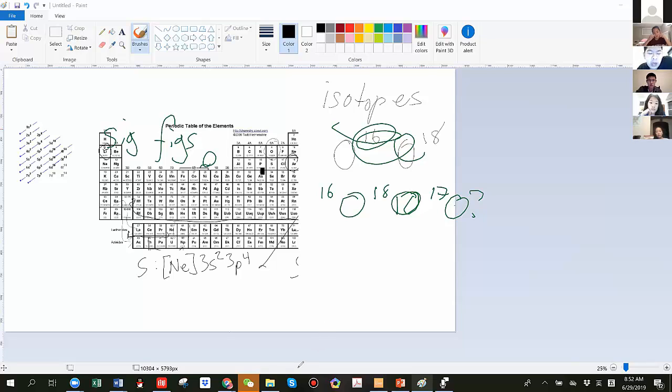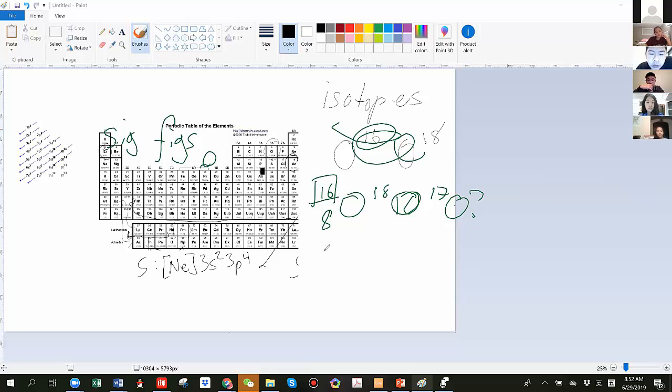Can someone tell me how many protons are in an oxygen atom? 8? Great. So we write the number of protons as a subscript, and we write the number of neutrons plus the number of protons as the superscript. This is what we call the mass number.